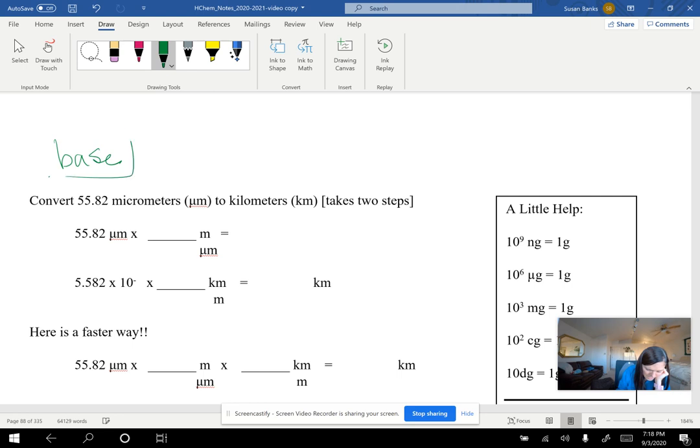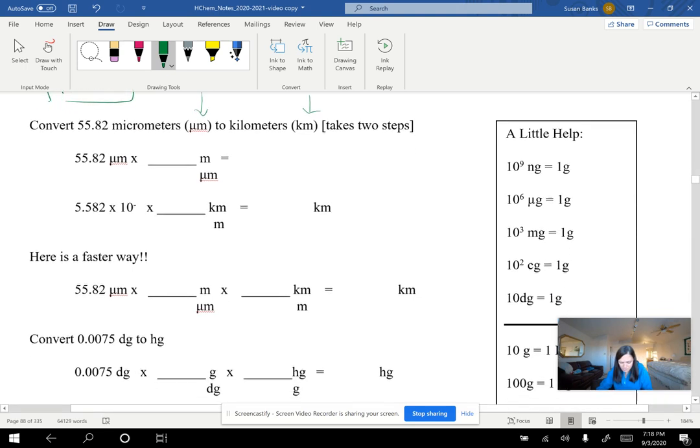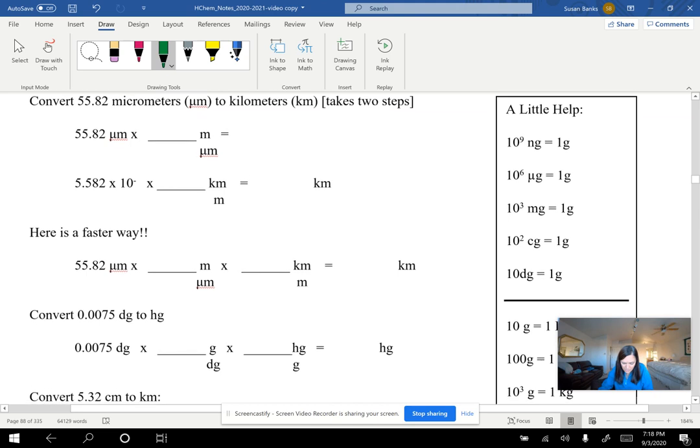So use the base unit as your jumping point between the two, if you're going from really small to really big or vice versa. So we use the base unit for our intermediary or in-between step. So convert 55.82 micrometers to kilometers. It takes 2 steps because we have to go to meters in between.